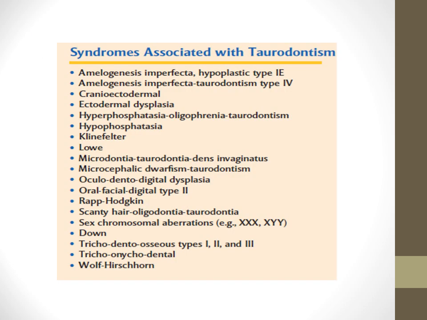Another important point that they ask in the exam is what syndromes are associated with taurodontism. These are the listed syndromes. Amongst these, the very important ones are Down syndrome, amelogenesis imperfecta, and Klinefelter syndrome. These are very, very important. They might ask these three syndromes associated with taurodontism.